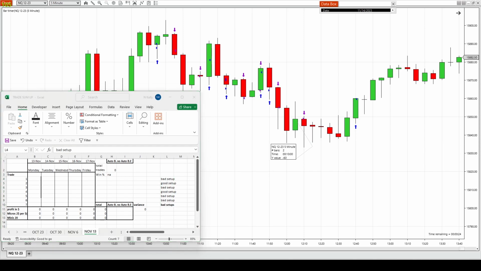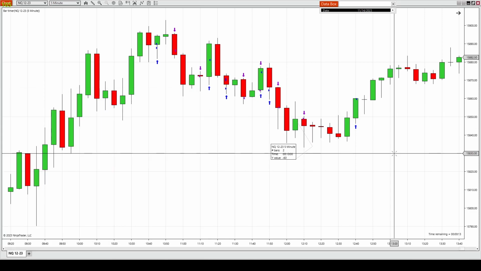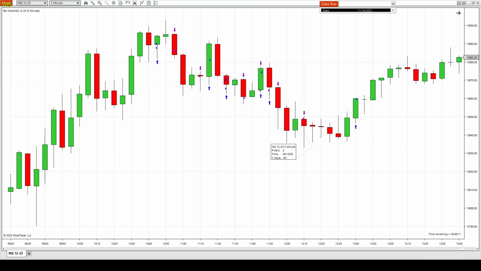So my goal for the rest of the week is to take only valid setups. Take only valid setups. So Wednesday, I might be trading, I might not be, but I definitely plan to review the day.